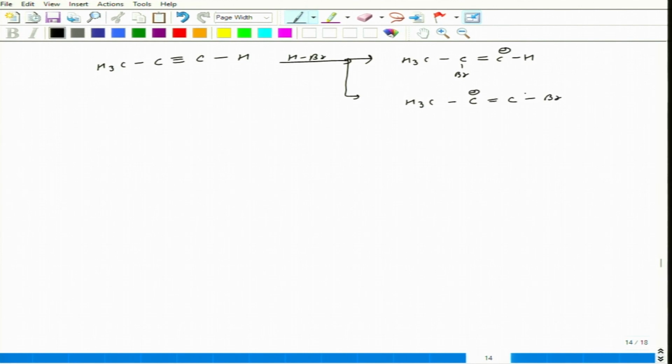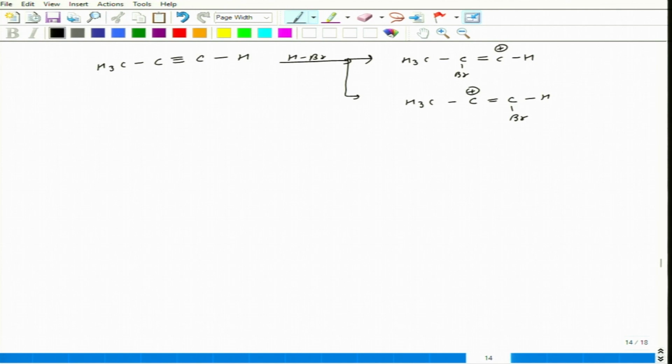And the other one is that bromine will go onto that carbon and there will be a positive charge, sorry, a carbocation forming at this one. So now these are the two cases of where the carbocation is going to be formed.